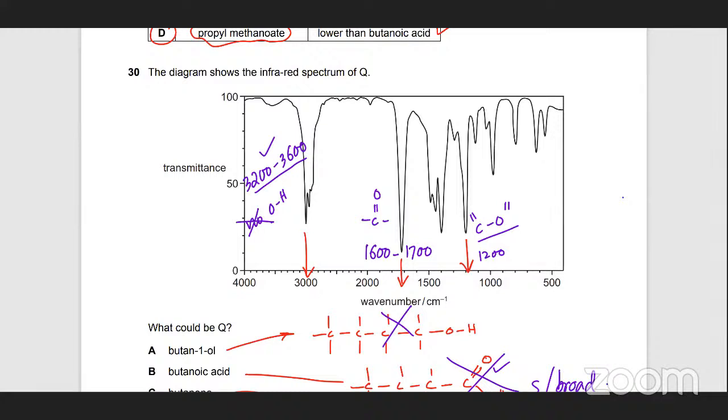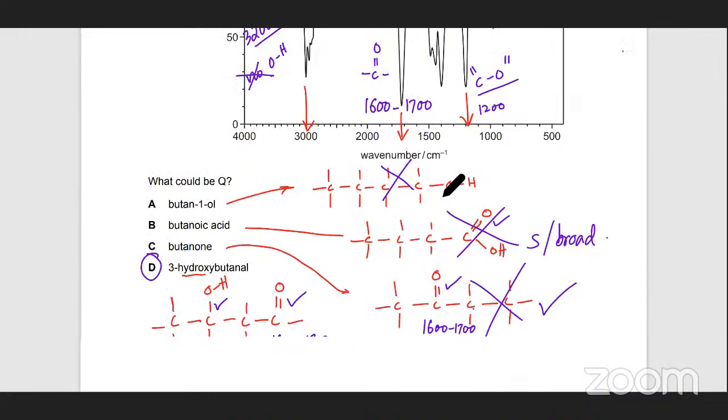This is also known as the fingerprint region. This region is usually ignored because you get a lot of random peaks over here and it's hard to distinguish. Did the question specifically state to ignore?